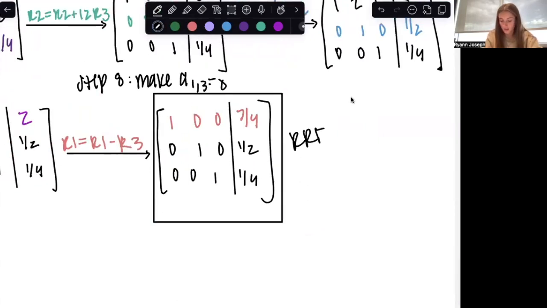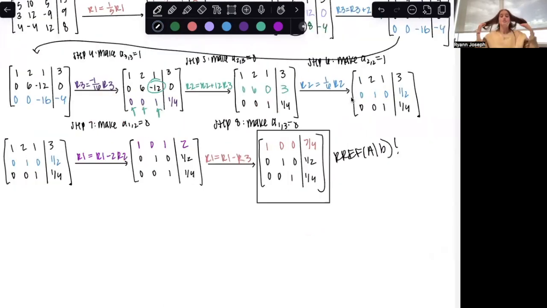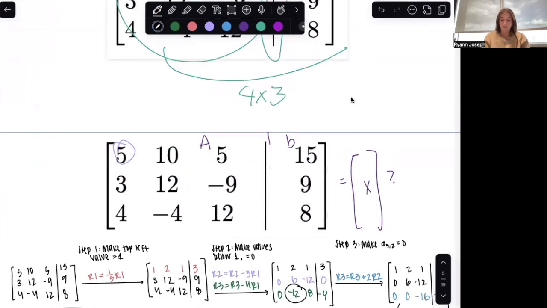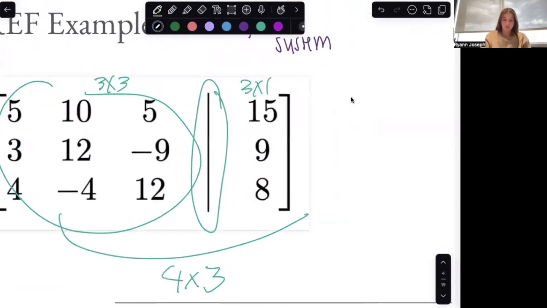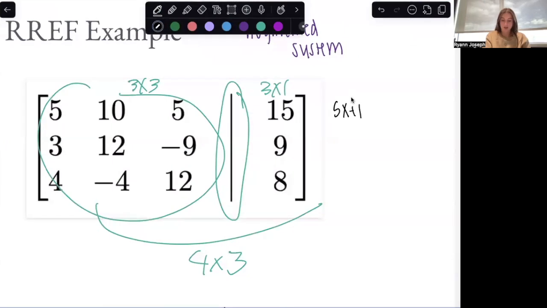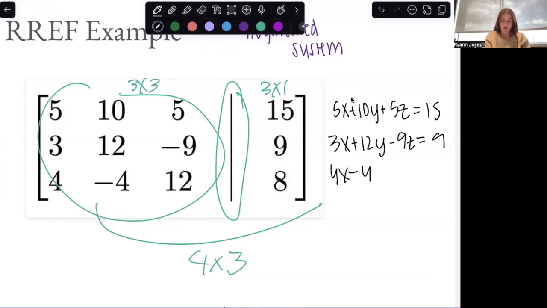This is the reduced row echelon form of A augmented with B. This tells us that for my x, in this case, the system could have been written as 5x plus 10y plus 5z is equal to 15, 3x plus 12y minus 9z is equal to 9, 4x minus 4y plus 12z is equal to 8.